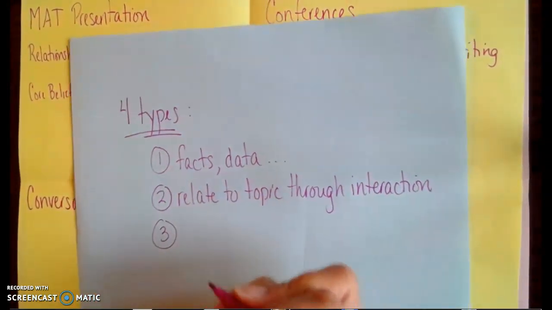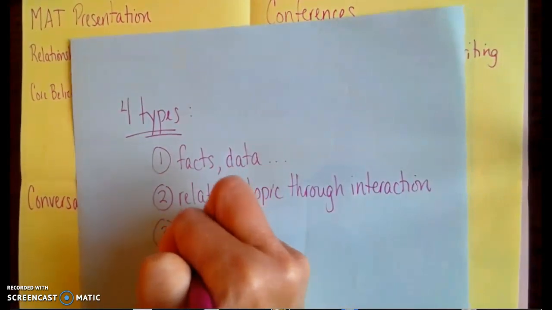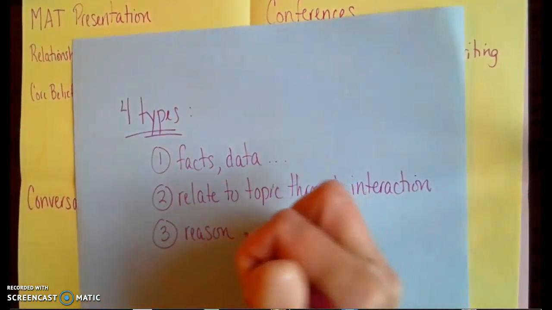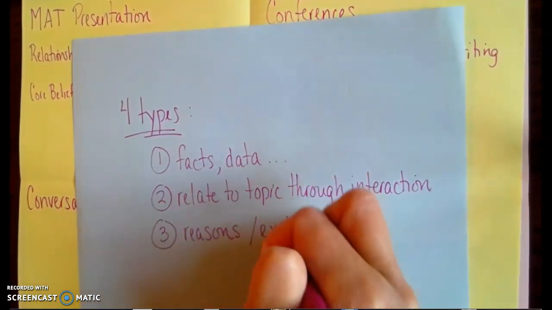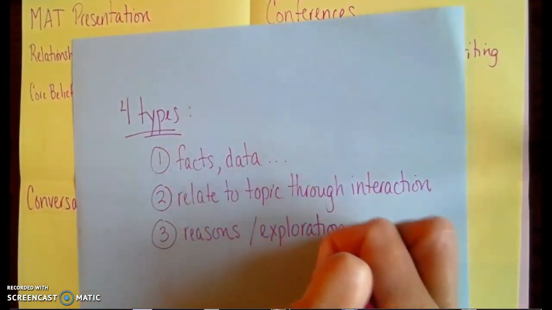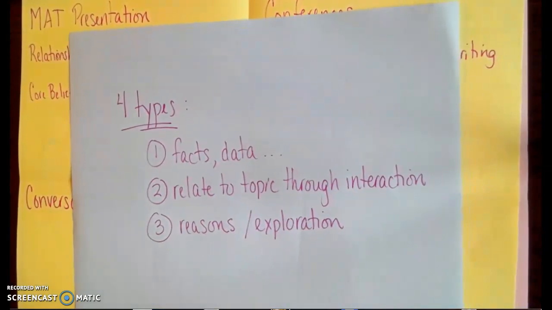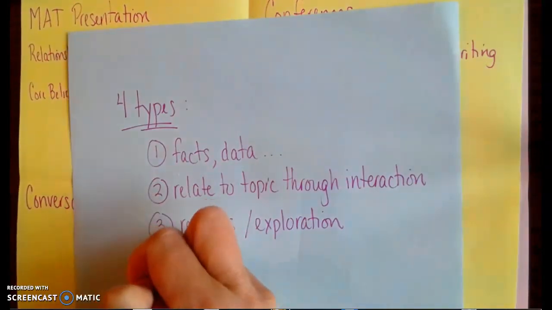Another group of people in your audience are often people who are looking for reasons for why this might work, or exploration. Like, they really want to inquire into how this idea came to be. What other questions might there be? And you want to leave space for them to think about the idea and its theory or its reasoning underneath.